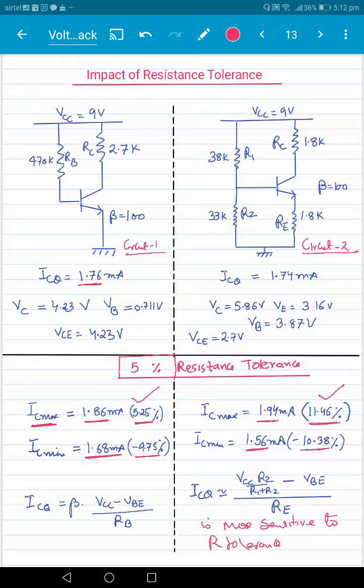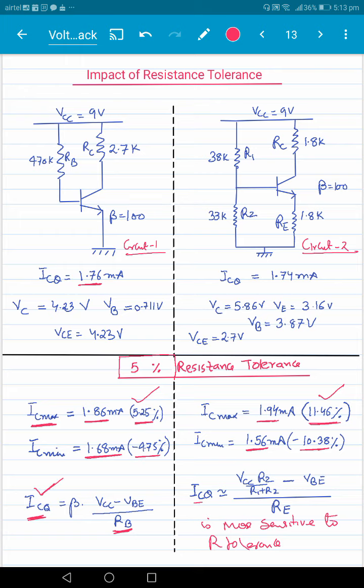to changes in resistance values, and resistors will never have a constant value. The values will always be 5%, 10% depending on the kind of resistors that we are using. And the reason is easy to understand. If you look at circuit number 1, the ICQ value depends only on one single resistor RB, and so a 5% change in RB will result in a 5% change in ICQ.